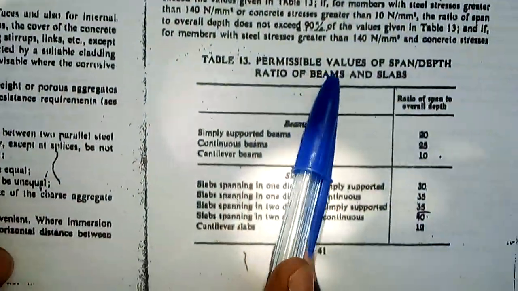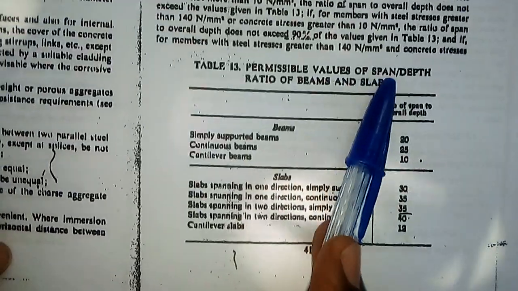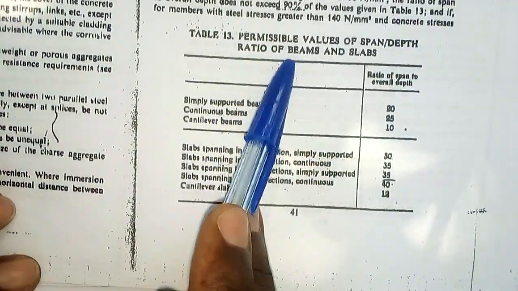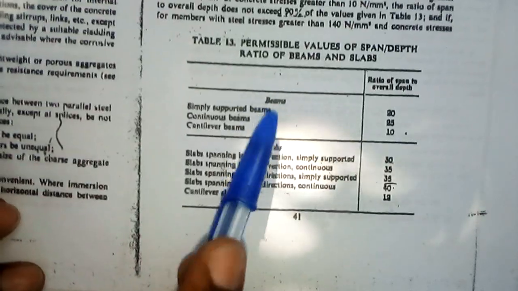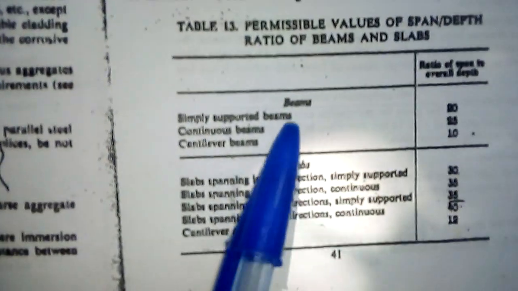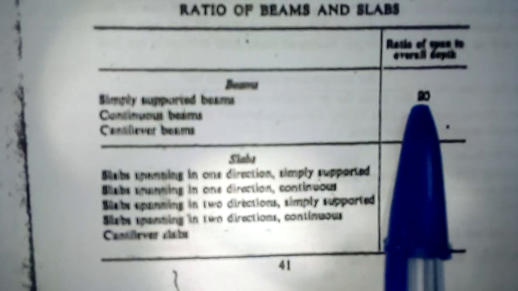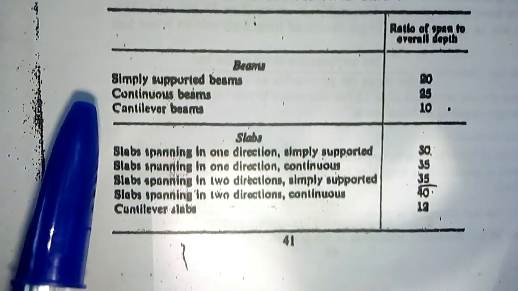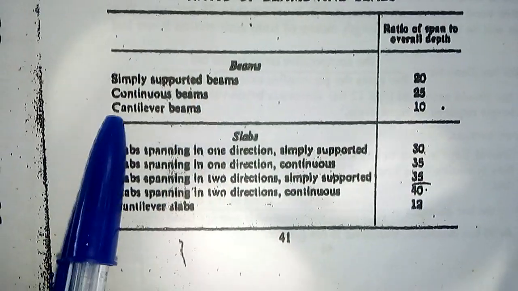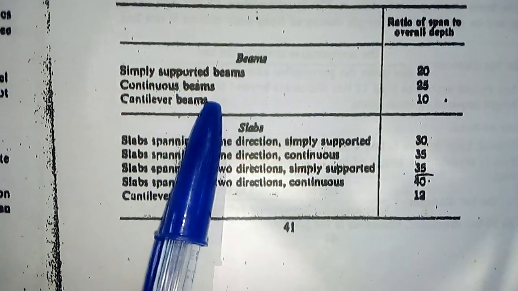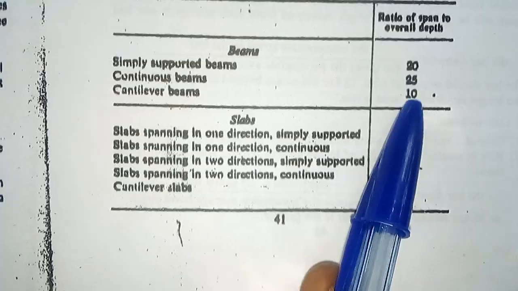And you have again table 13 of CP114 code of practice. Table 13 gives permissible values for span over depth ratio of beam and slab. Here we are dealing with a beam, and the question says it is simply supported, which means we go for 20. If it was a continuous beam, or a cantilever beam, we would go for 25 and 10.